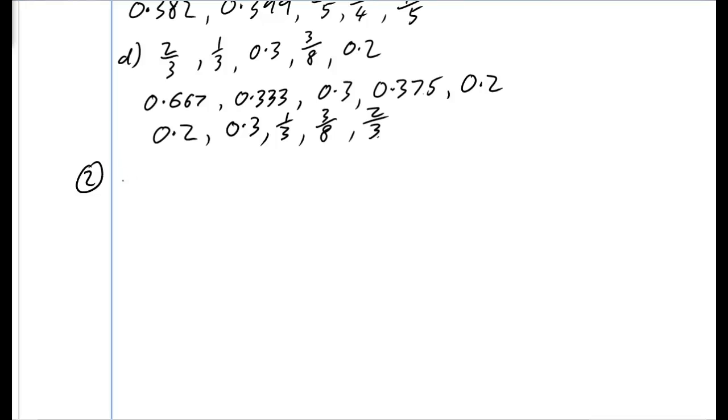Let's do 2A. What you've got to do is write these decimal numbers as fractions in the simplest form. Now, just one thing about decimals. The place values, that's tenths, and then you've got hundredths, and thousandths.